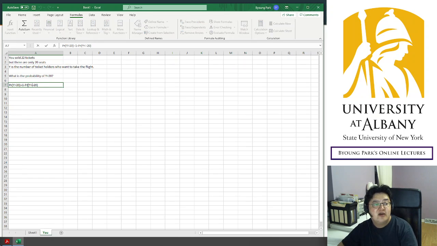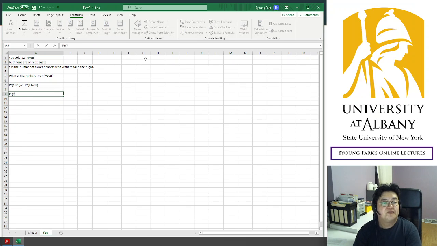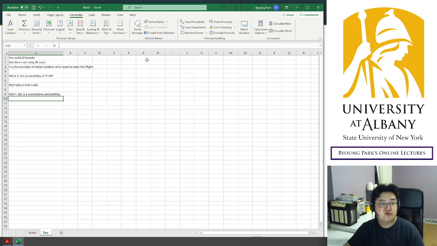And then the probability of less than or equal to 20 is a cumulative probability. Do you remember the definition of cumulative probability? This is the definition: if a probability is defined as smaller than or equal to something, then that is a cumulative probability.